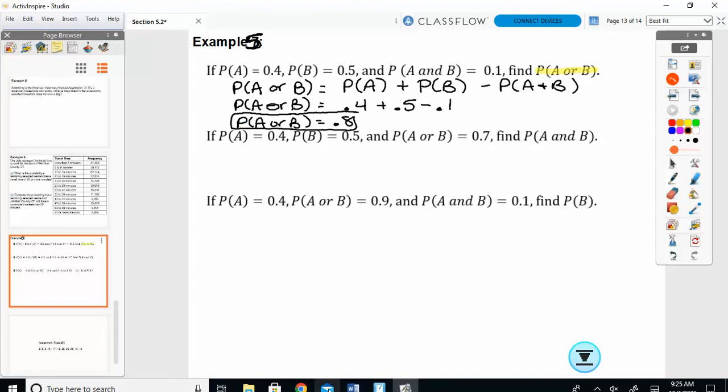So the probability of A or B is 0.8. Is that one okay?